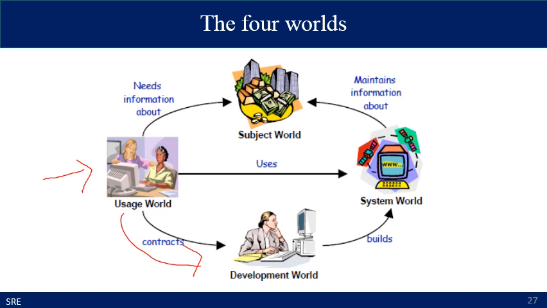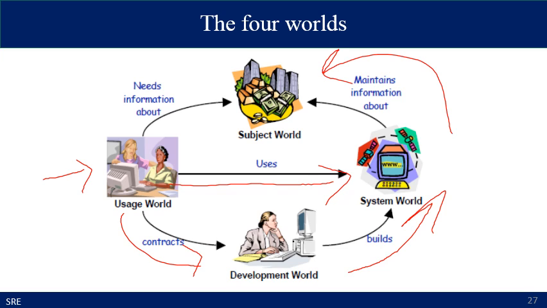The development world, in response to the usage world, creates a new system world which is used by the usage world. The system world usually contains the information about the subject world, and the usage world needs the information about the subject world.